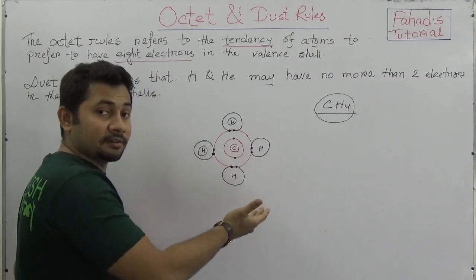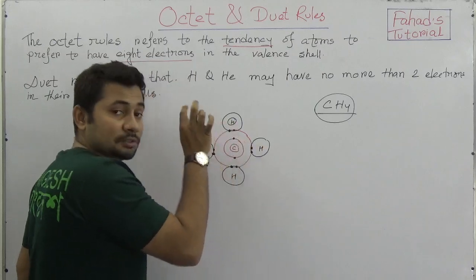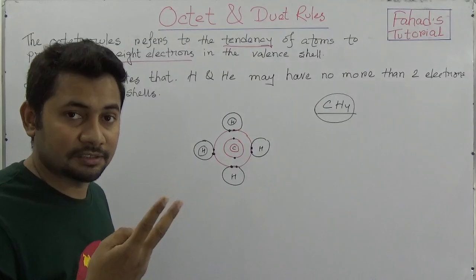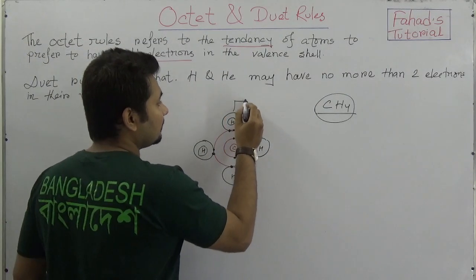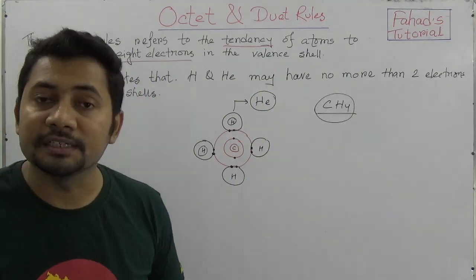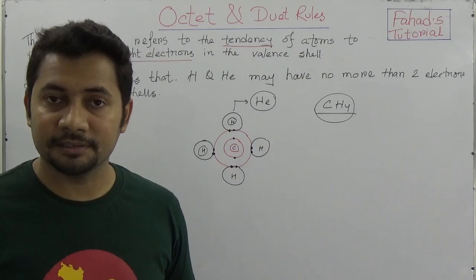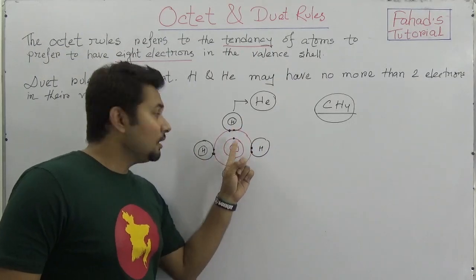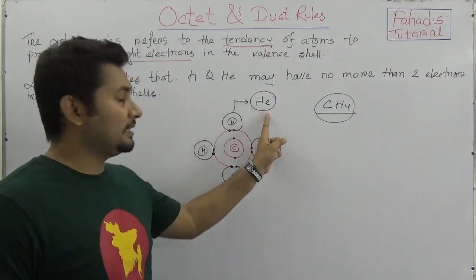It's not donating or accepting electrons. Carbon shares these 4 electrons with 4 hydrogens. So hydrogen gets 2 electrons in its outermost shell, and gets the electron configuration like helium. As we know, helium has only 2 electrons, and thus it is stable. So by sharing 1 electron with carbon, all hydrogens got the electron configuration like helium.